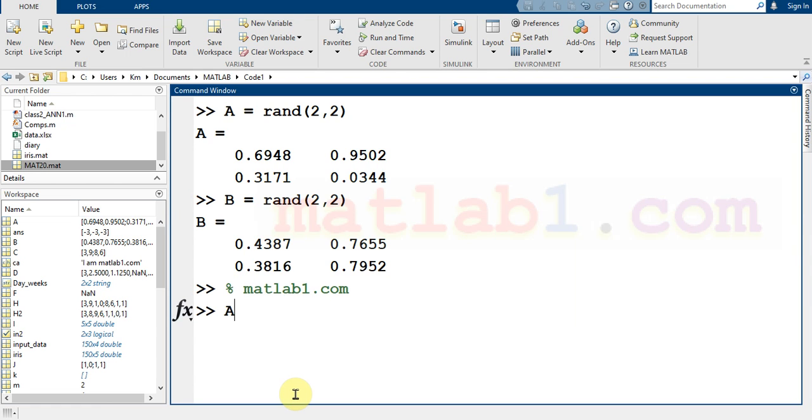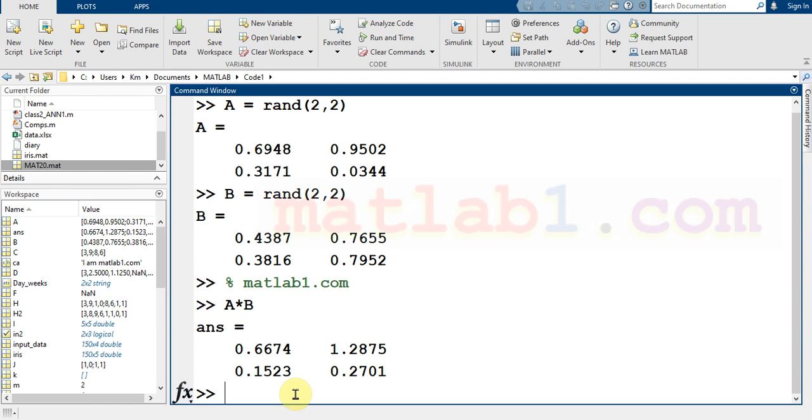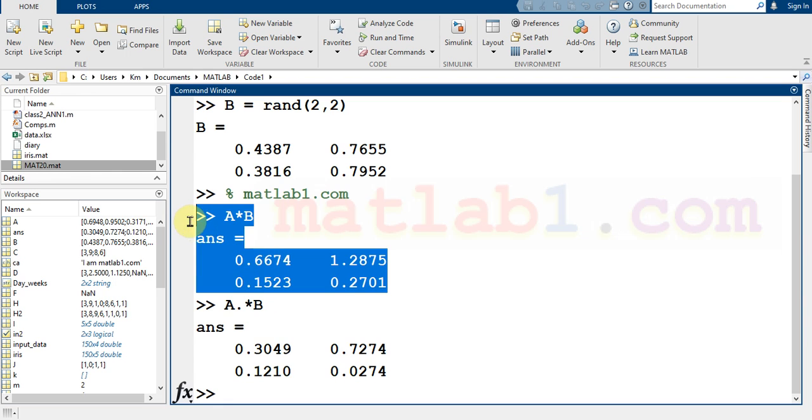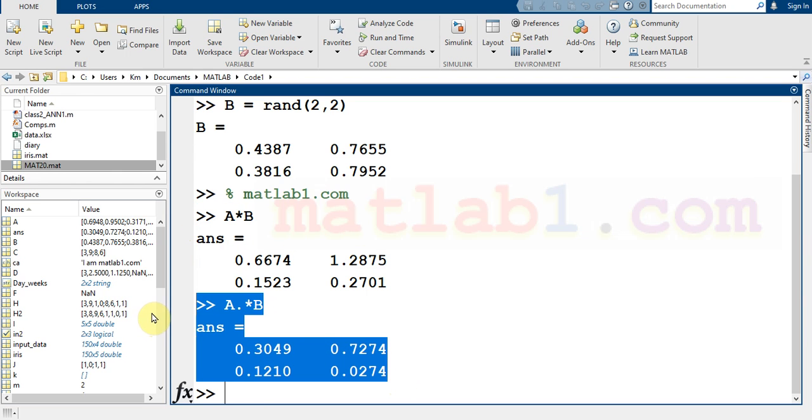If I write A multiplied by B, this multiplication is a matrix multiplication. But if I write dot and then the multiplication symbol, it is a corresponding element-wise multiplication. You will see that the result is different.